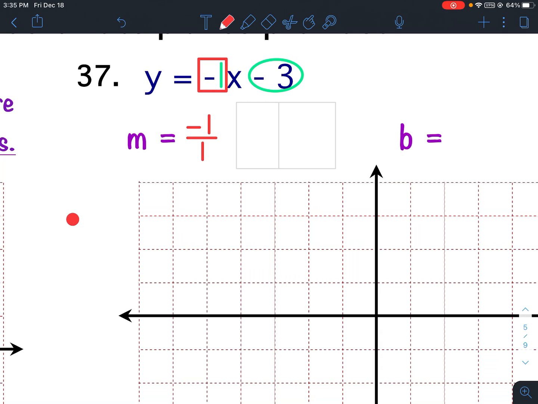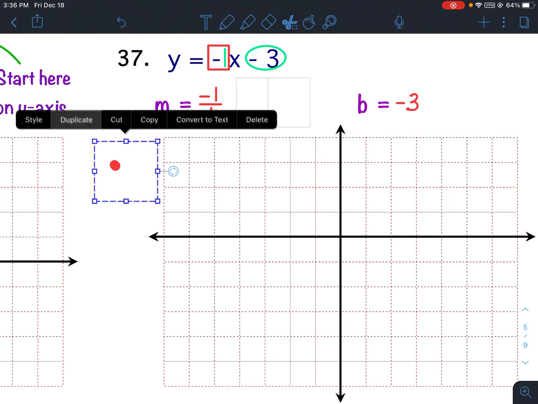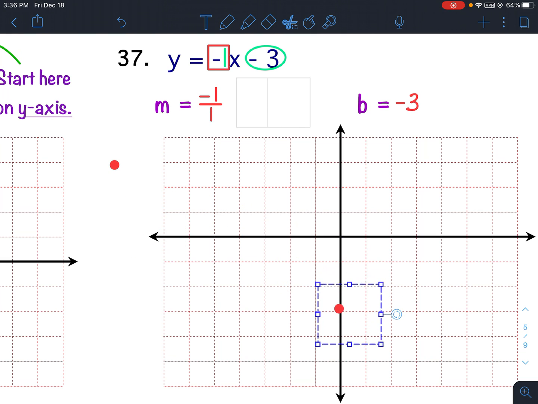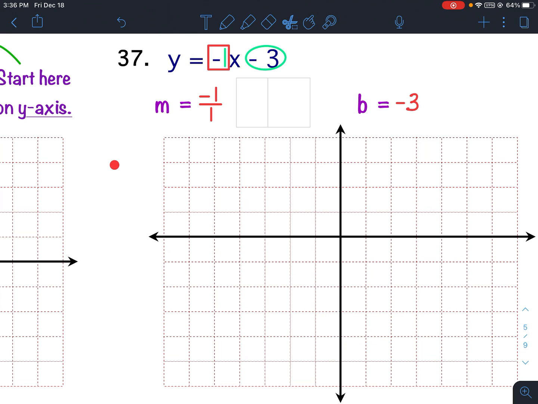So my slope is -1 over 1, and my y-intercept is this number here at the end, so it's -3. So I'm going to start at -3 on the y-axis. So here's the origin, -1, -2, -3.